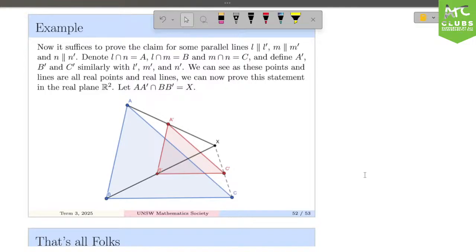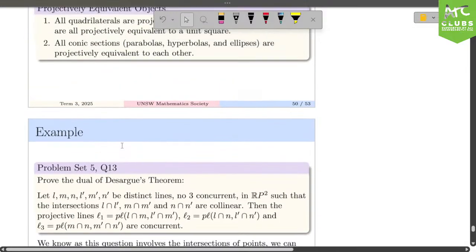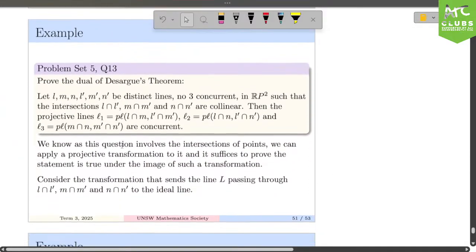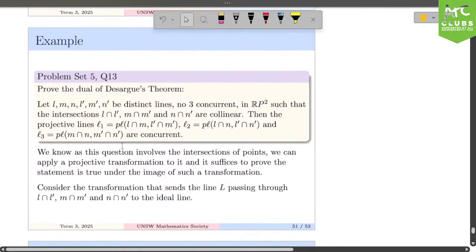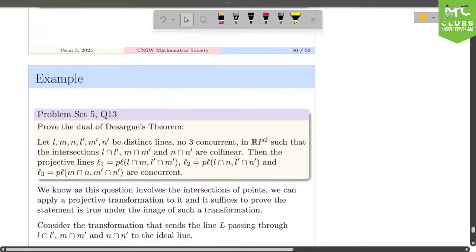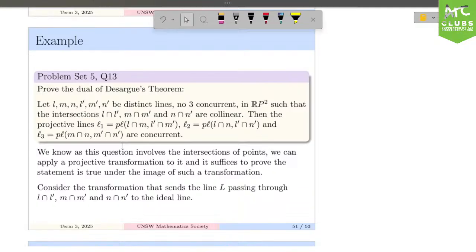So that was a bit of a messy explanation, but that is not scrolling anymore. It was just the last slide.